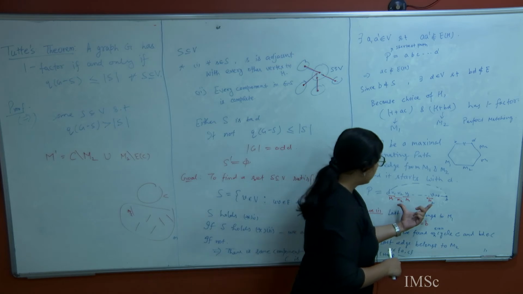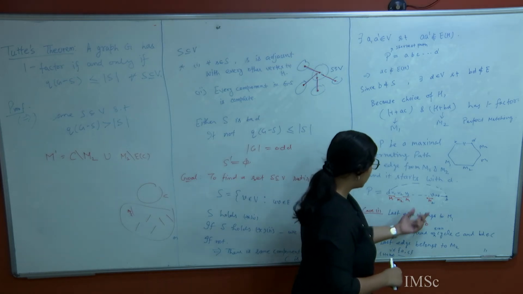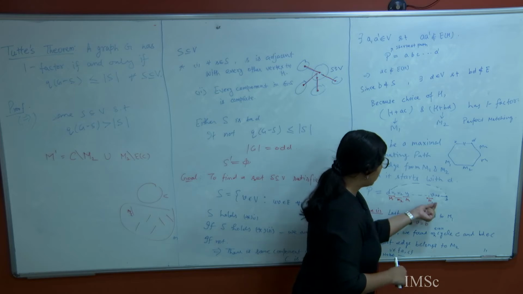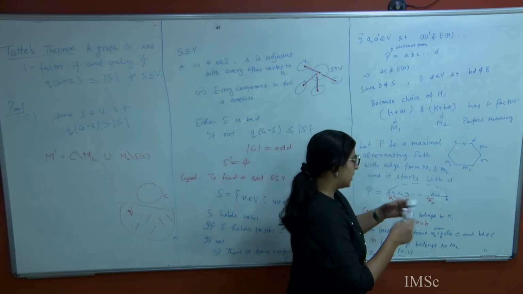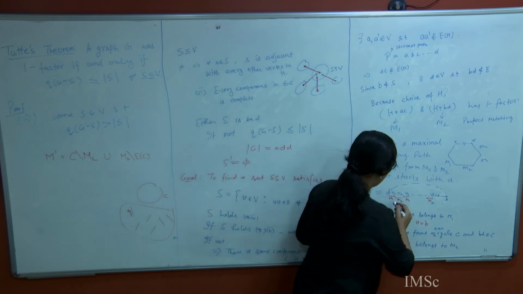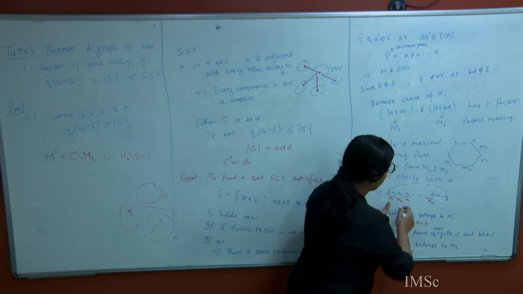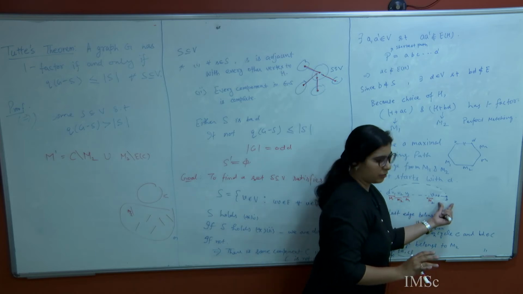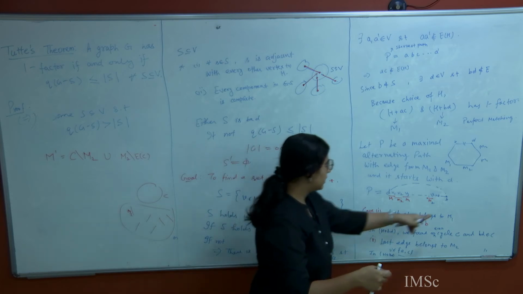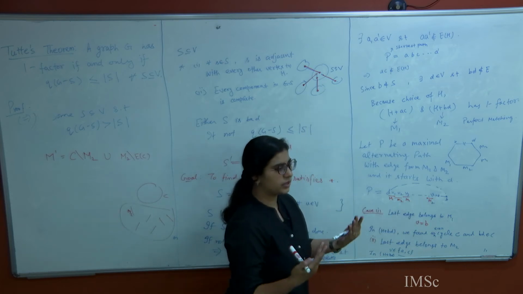So, in this second case, I am saying remove M2 edges, and every edge which is not in M2 in this path, make it part of the new matching. So, now all the edges of M1 are in the matching, and this edge AB is also in the matching. So, that means it saturates every vertex, B and D as well.